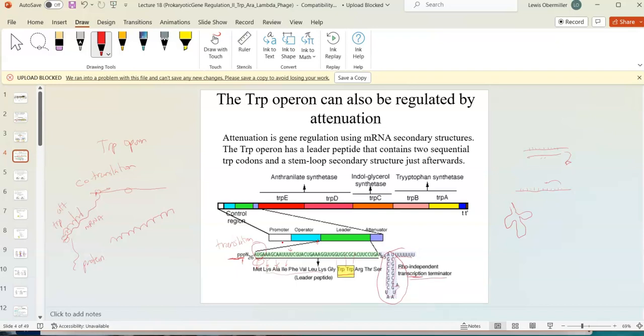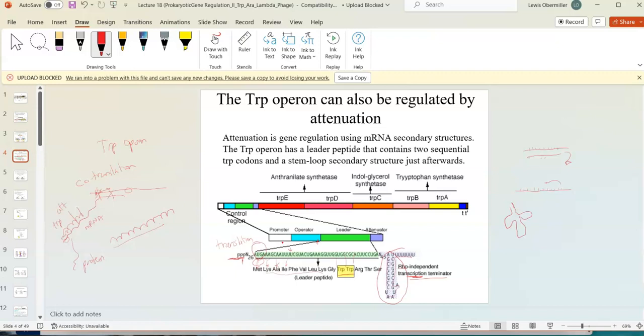And remember, this is transcriptional termination. So it's going to interfere with the RNA polymerase, not the ribosome. So in this case, translation has an effect on transcription. Translation speed can terminate transcription.